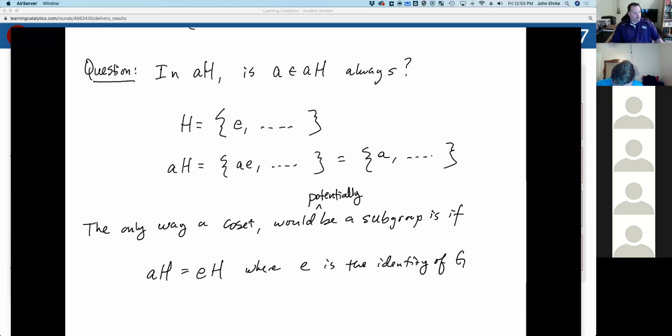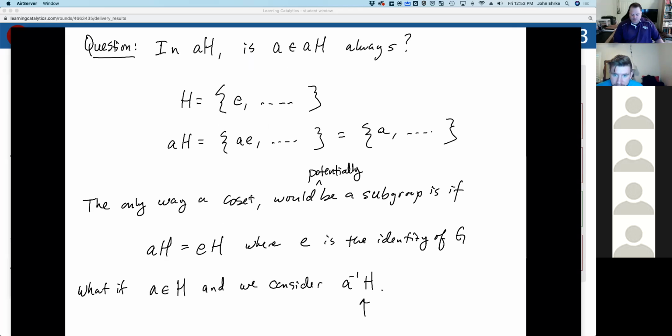Now, Beth brought up an interesting point. What if A is an element of H, and we consider the coset A inverse H?